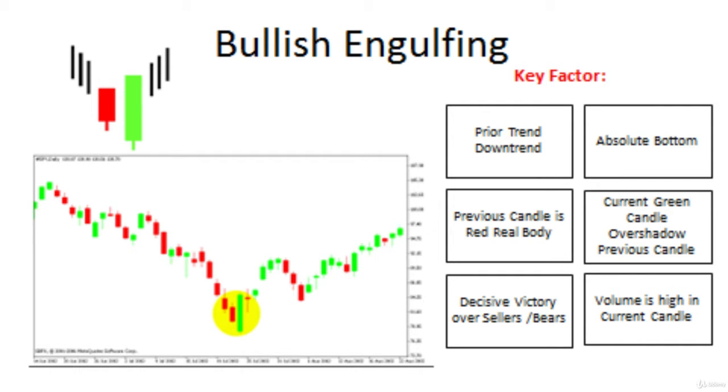The first candle has a red real body, and the next candle is a big green real body, which overshadows or completely covers the previous candle's real body. This pattern is considered to be the bullish engulfing.